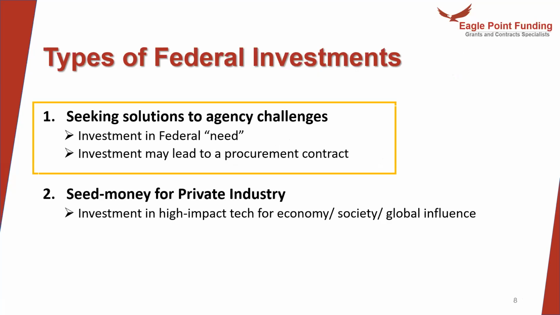So we're going to start with the first type. They're seeking solutions to agency challenges. A great example of this would be the Air Force. They're looking for a helmet that can have an AR, VR kind of display. So they're looking for it themselves in order to further themselves.